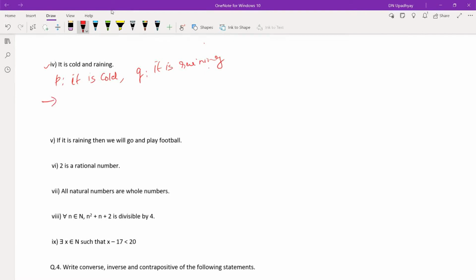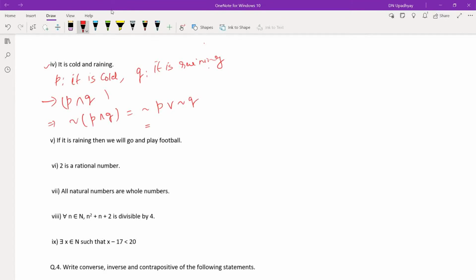So the symbolic way will be P and Q. And now negation will be negation of P and Q. That will be negation P or negation Q, right?